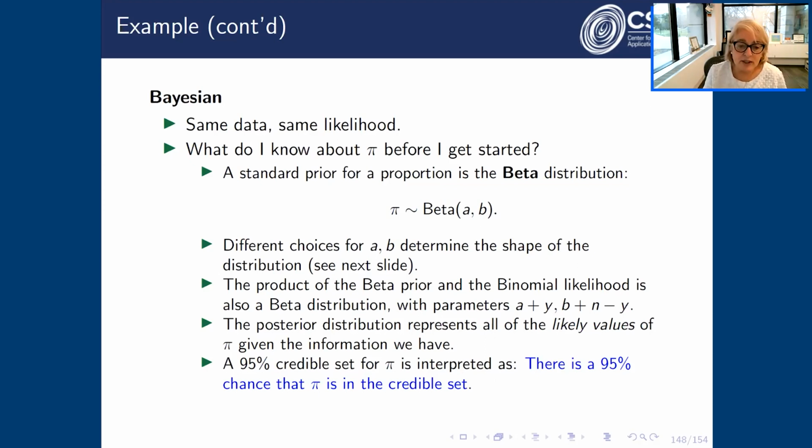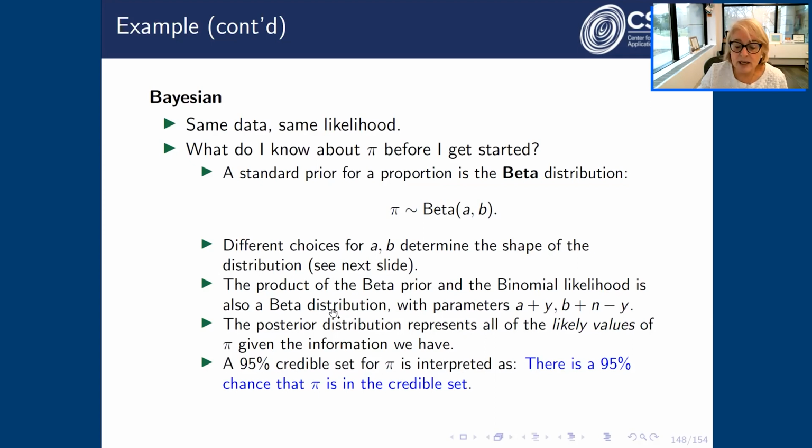I'll show you a few examples on the next slide. But before we go there, it turns out that the product of a beta prior and a binomial likelihood is also a beta distribution. This is what I mean by convenient. The beta prior is called conjugate to the binomial likelihood.